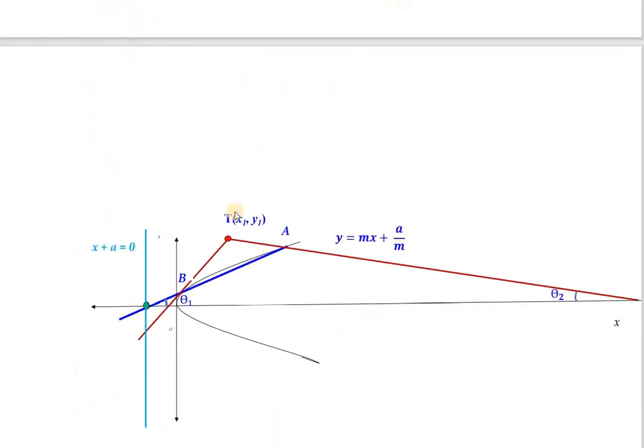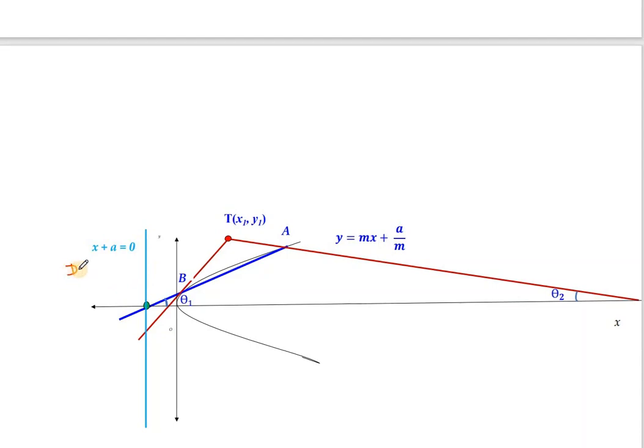So the diagram will somewhat look like this. You have the parabola, and from this point T (x1, y1) we consider two tangents. This will be your chord of contact, and this is your directrix.